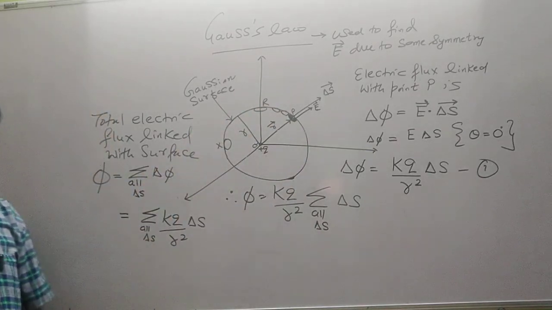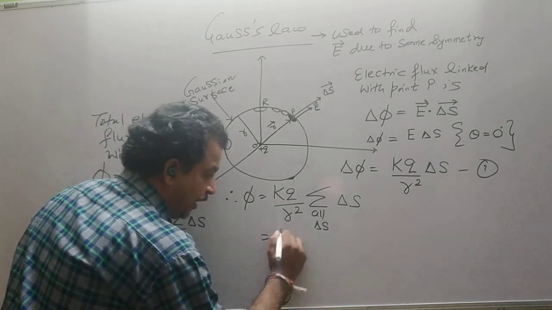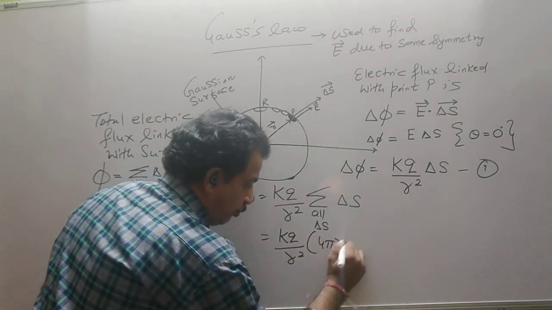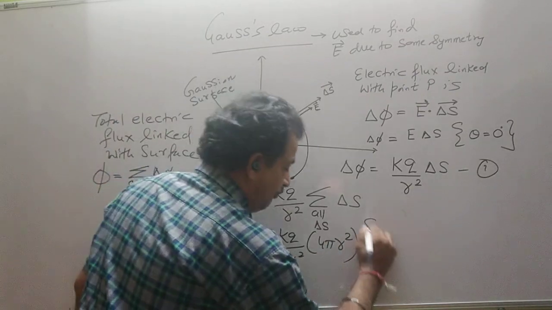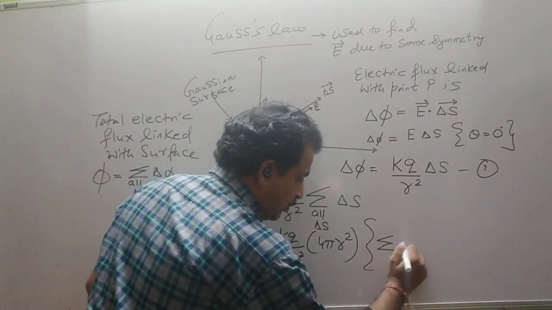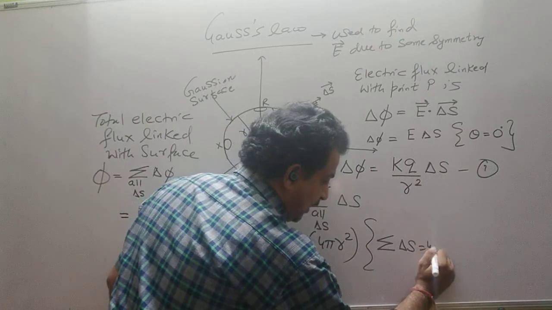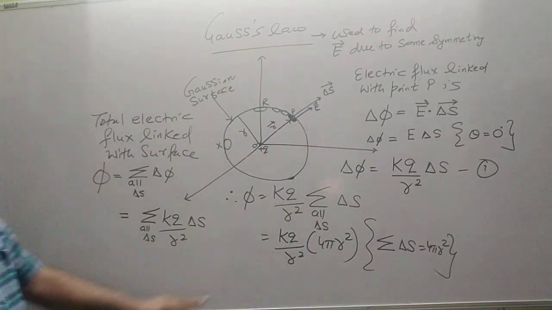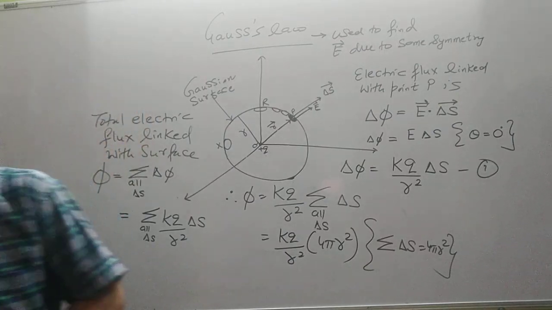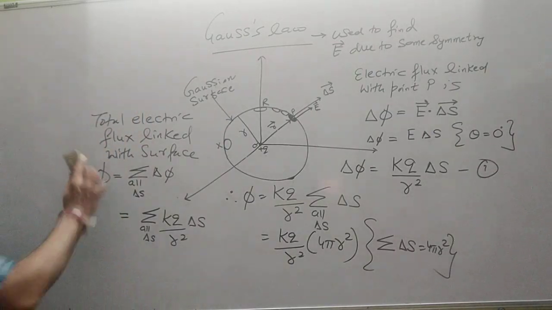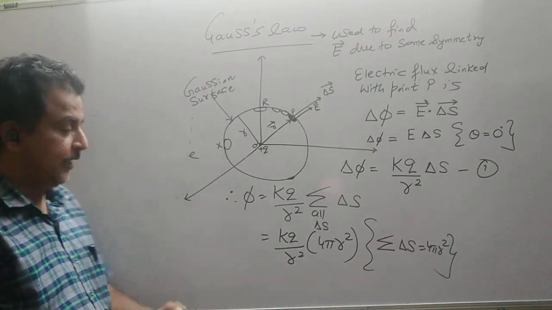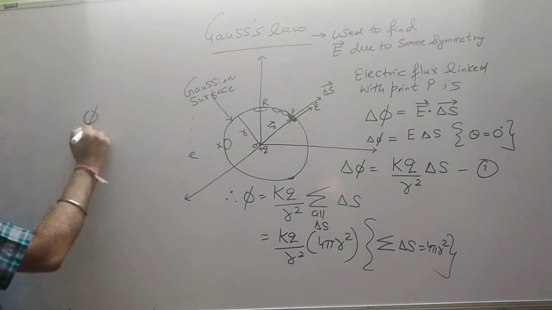Now the surface area of the sphere is 4 pi r square. So the summation of delta S is taken as 4 pi r square, and the flux can be easily found. Now in the place of k, I can write 1 upon 4 pi epsilon naught.